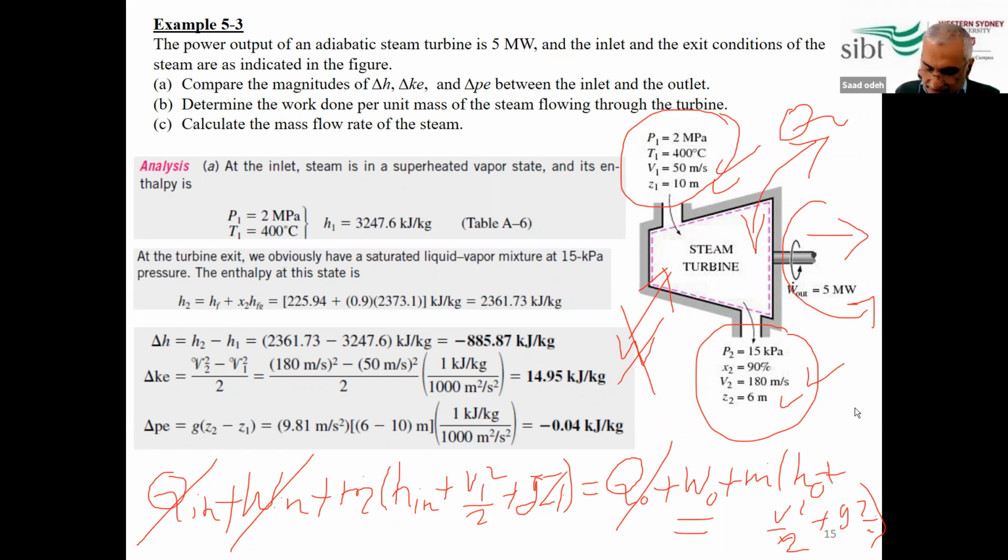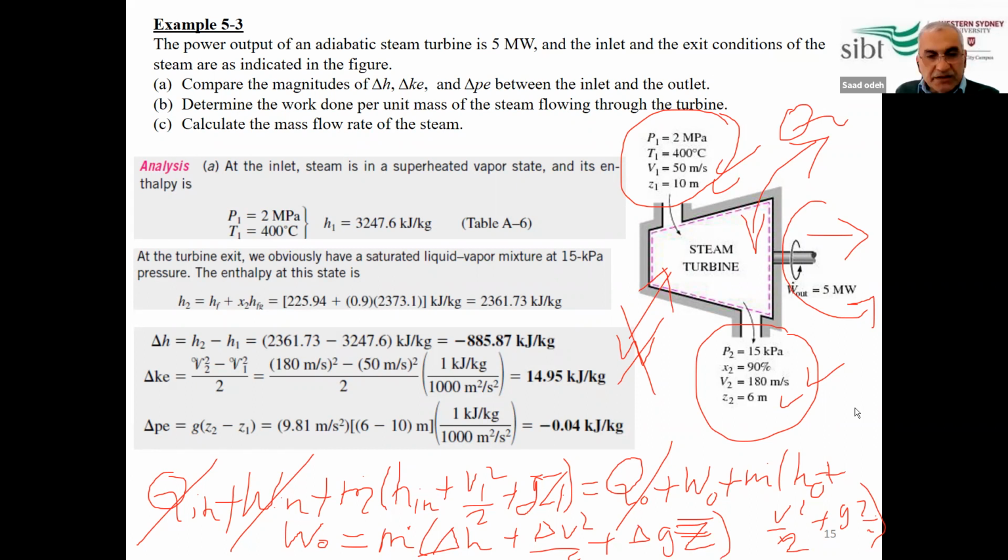So I can then reduce my equation to only W. So W out will equal m dot, because the mass will be the same in and out, multiplied by delta h plus delta V squared over 2 plus delta gZ. So this is my energy equation after I reduce the first one, because this is what I have now.